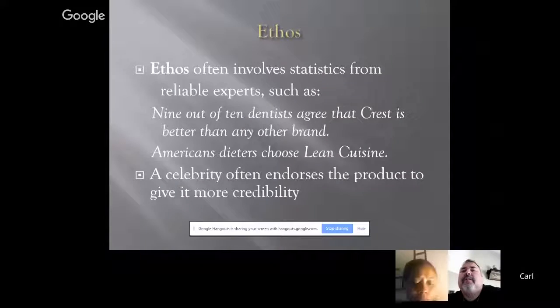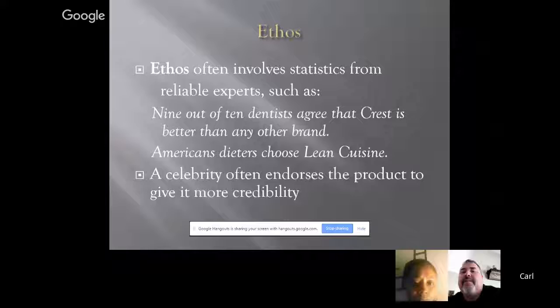What the credibility factor is? Yeah, the ethos credibility factor. The 9 out of 10 dentists. Exactly. Good job. Because why? Dentists are credible when it comes to clean teeth. So that's who you want to listen to for credibility, the 9 out of 10 dentists.